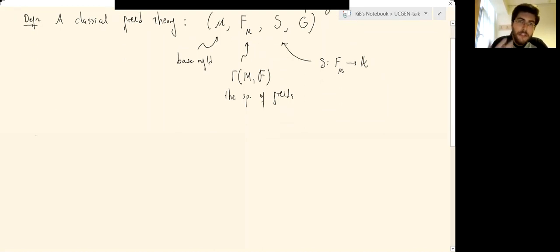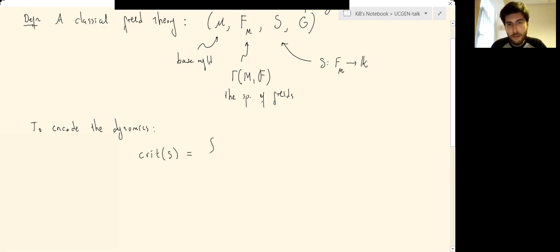We really wish to understand the dynamics of the system. To encode the dynamics of the system, we need to study the critical locus of this action functional, the critical locus of S. In general this is a moduli space at the end of the day.